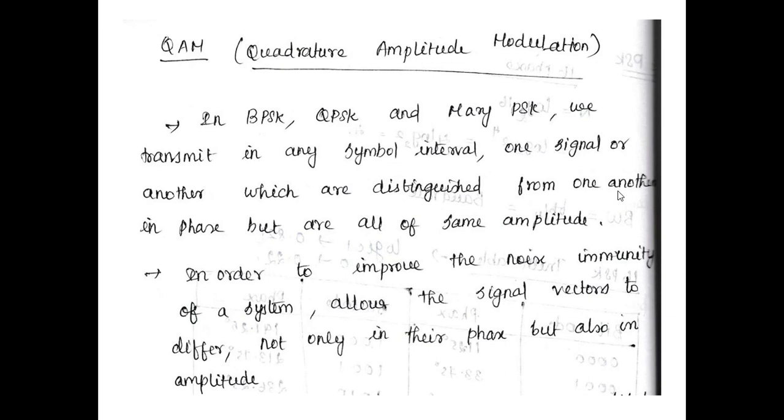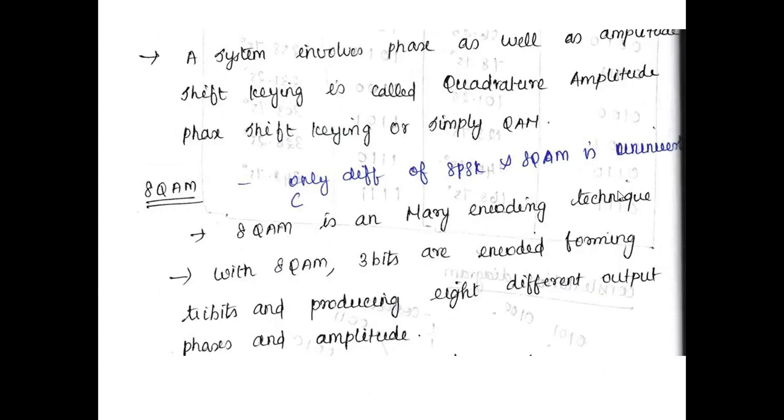So in QAM, the phase as well as the amplitude both are changed according to the input data. A system involving phase as well as amplitude shift keying is called quadrature amplitude modulation, or simply QAM. It's an M-ary encoding technique.